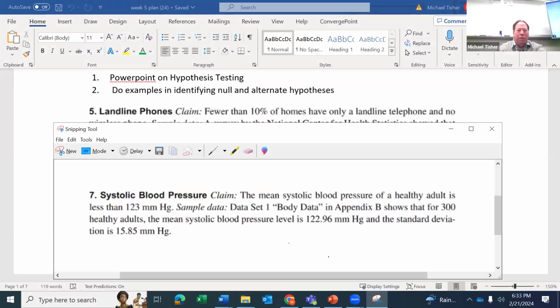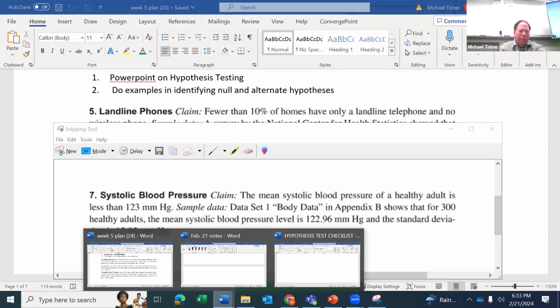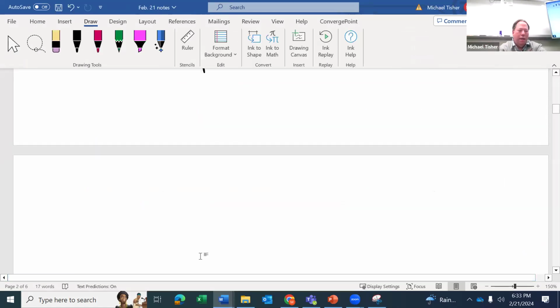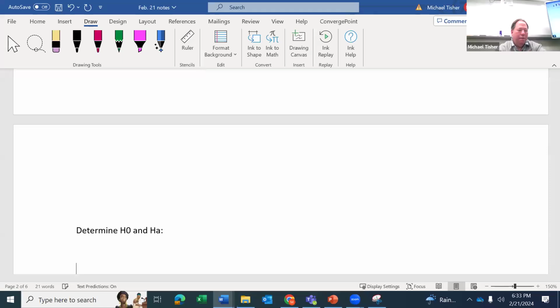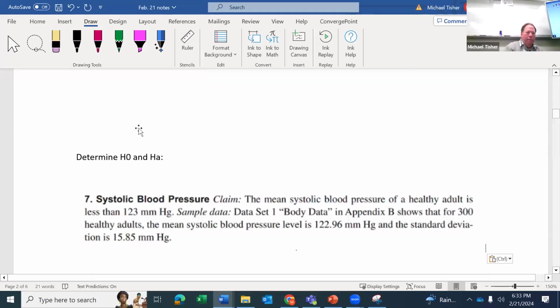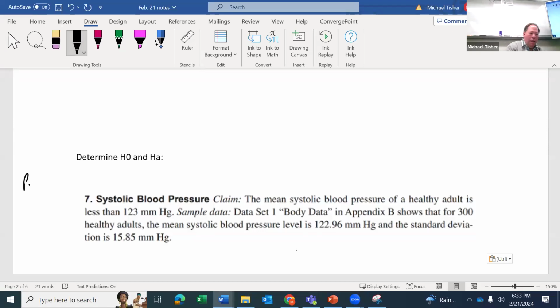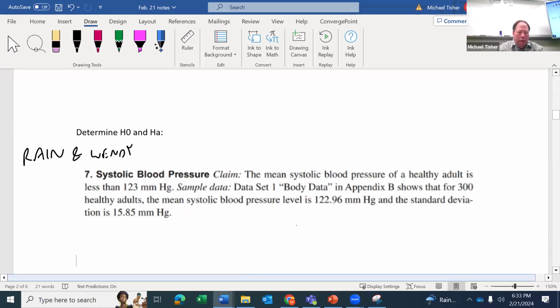Okay, we got blood pressure right here. And so you can have that one, we can work together as a group there. And again, just figure out the H0 and HA. I'll say H0 and HA. Okay, I'll give another problem.